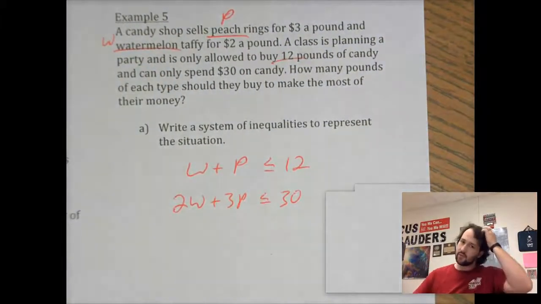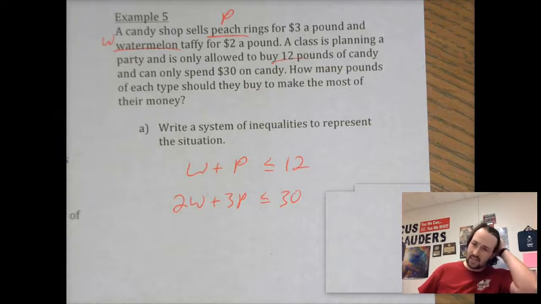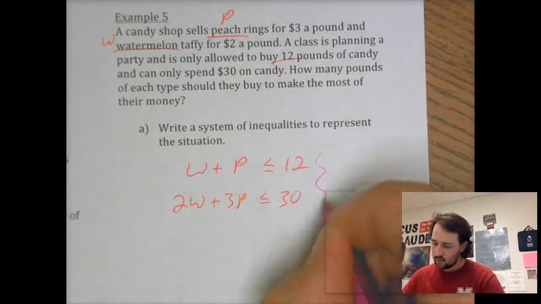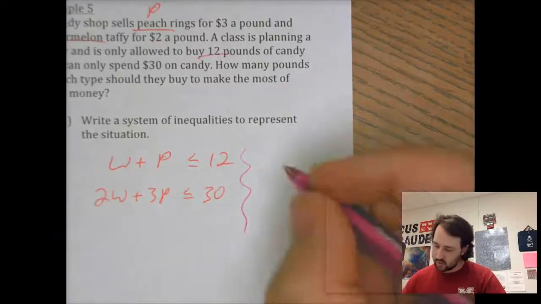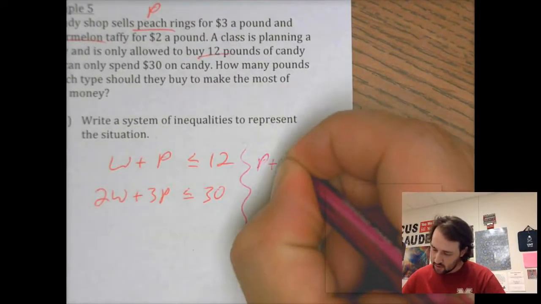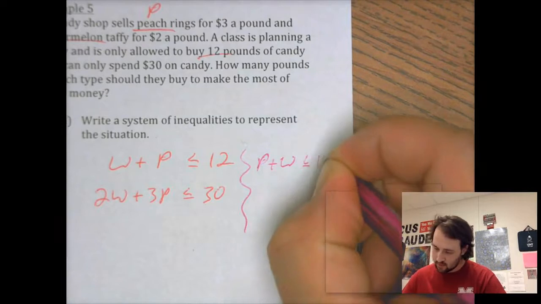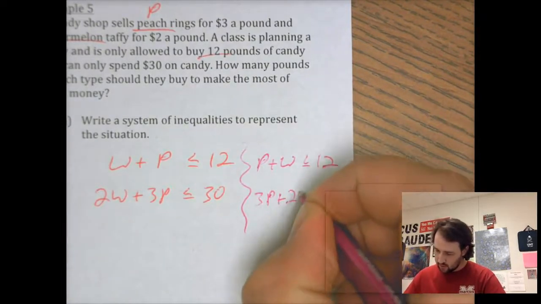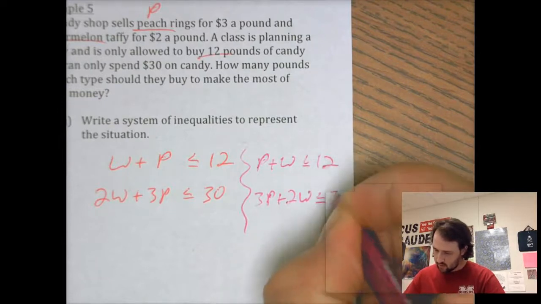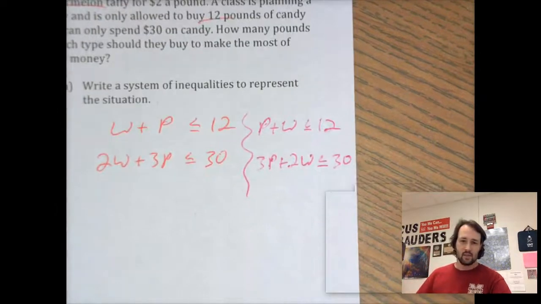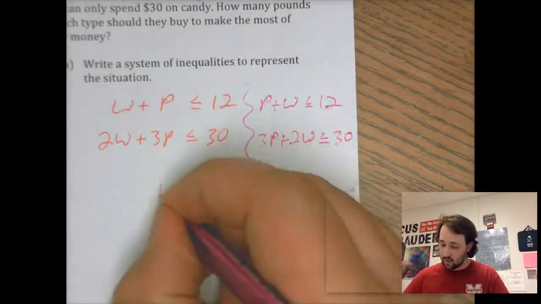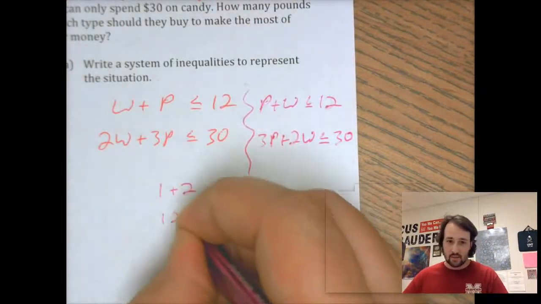And notice, I kind of wrote these a little bit out of order because I wanted you to see that it really doesn't matter what order we write these in. These inequalities, if I say W plus P or P plus W less than or equal to 12, or 3P plus 2W less than or equal to 30, they mean exactly the same thing. There's no difference in these inequalities. Don't forget that 1 plus 2 is the same thing as 2 plus 1.